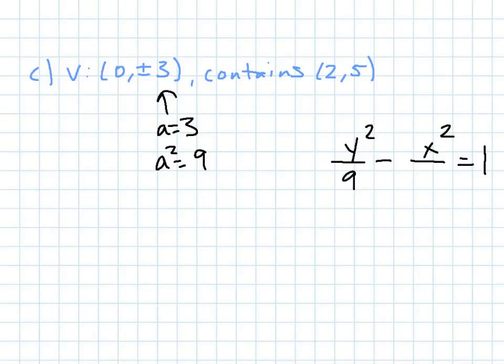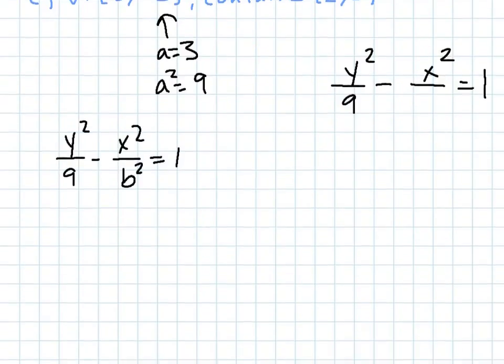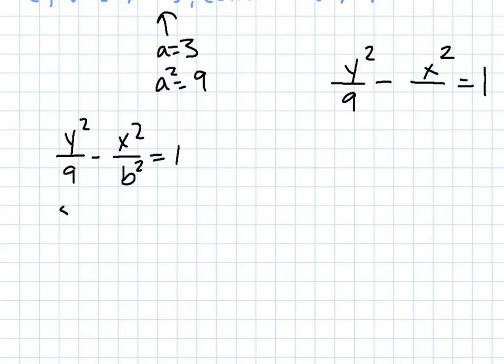Now I need to find the value for b squared, but I've been given the point (2, 5), which means my hyperbola passes through that point. So I need to set up an equation where I don't know b squared, but I'm going to plug in this point: 5 squared over 9 minus 2 squared over b squared equals 1.